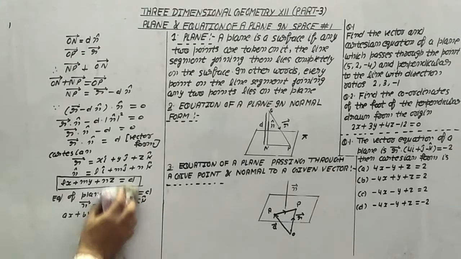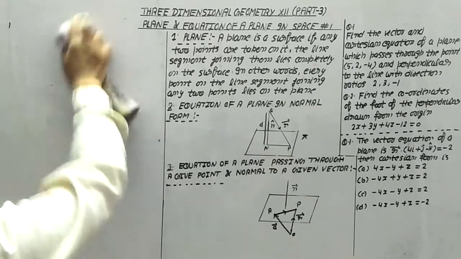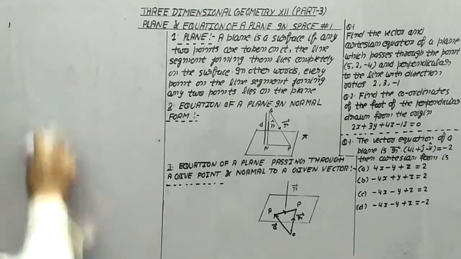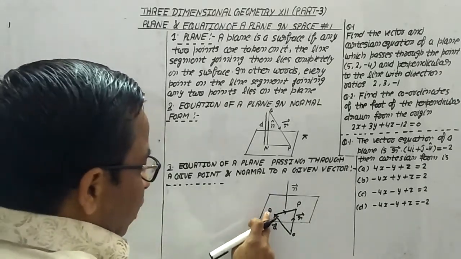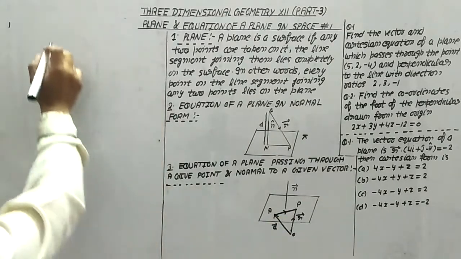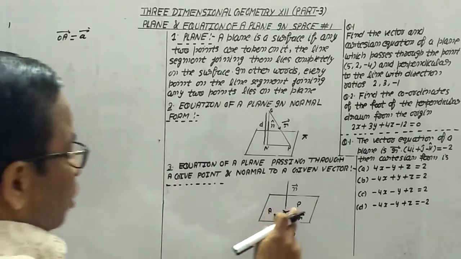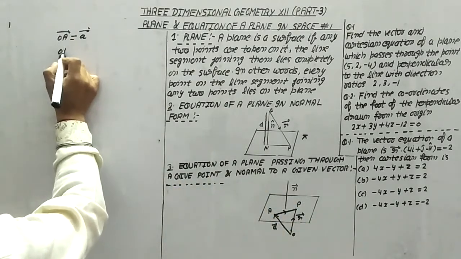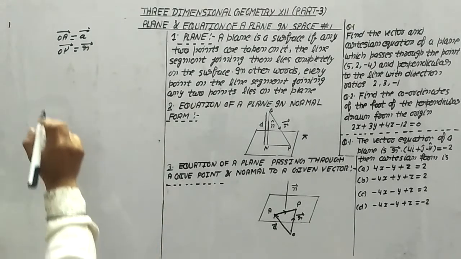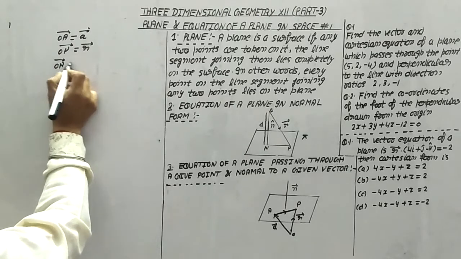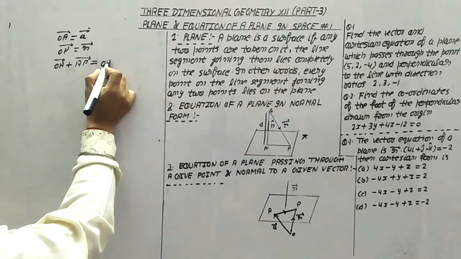Now let's consider the equation of a plane passing through a given point and normal to a given vector. So let us consider we have this plane which is normal to vector n and passing through the point A. We are considering that the position vector OA is vector A and the position vector of the arbitrary point P is vector OP equal to vector R. Now by the triangle law of addition we have vector OA plus vector AP is equal to vector OP.